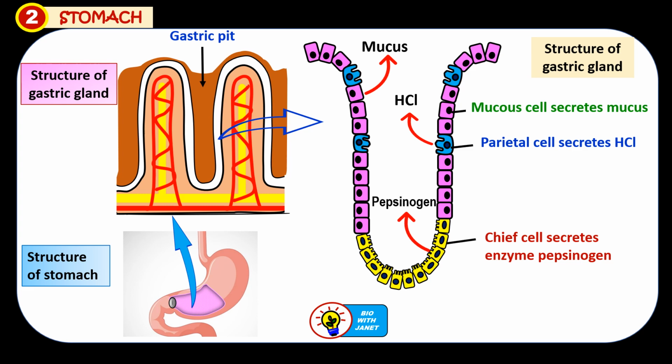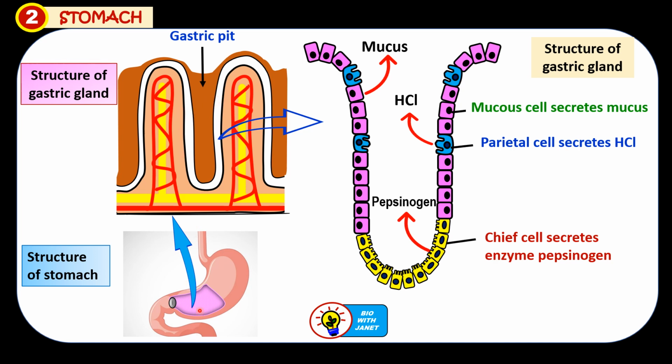So let's look at the structure of a gastric gland. How does a gastric gland look? First of all, let's discuss the location of the gastric glands in the stomach. If you cut open the stomach and look at the inner surface, the lining of the stomach, this is where the epithelial cells are found, and this is where the gastric glands are found.